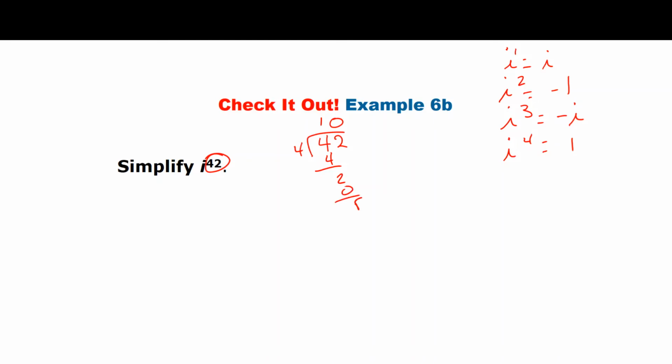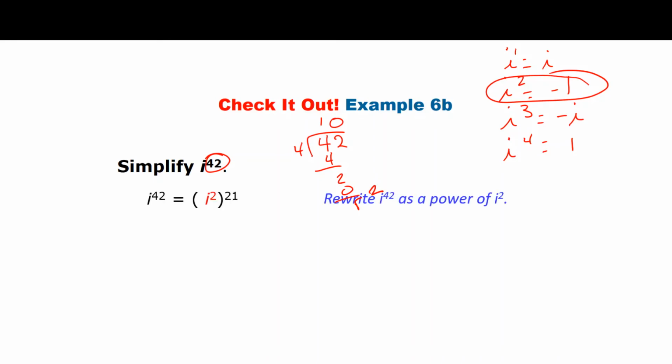So that is going to be remainder 2. So I'm going to come up here, it's remainder 2. So i to the 42nd power is the same as -1. And so they tell you to rewrite it as a power of i squared to the 21st power. And i squared we know is -1, to the 21st power equals -1. And there it is. -1 to the 21st power equals -1.